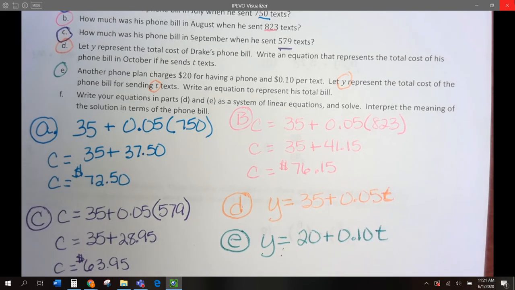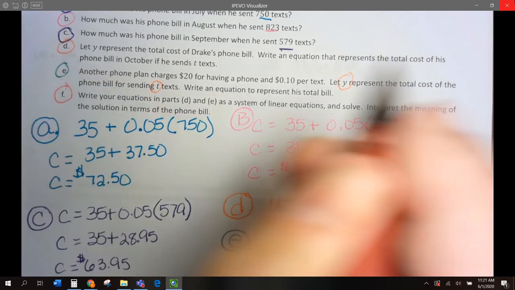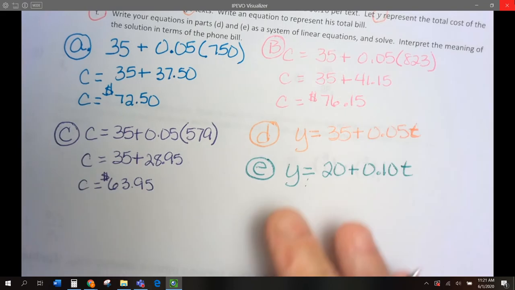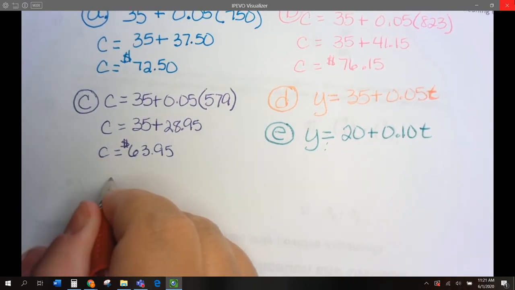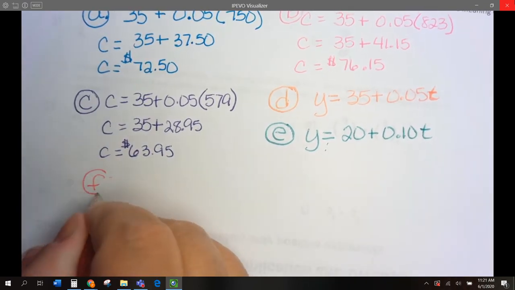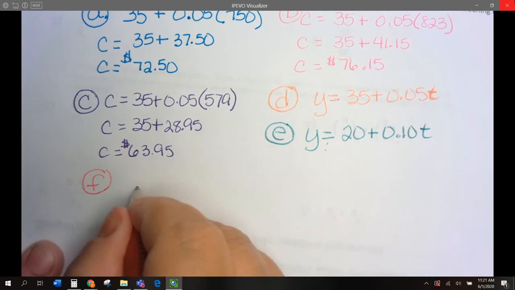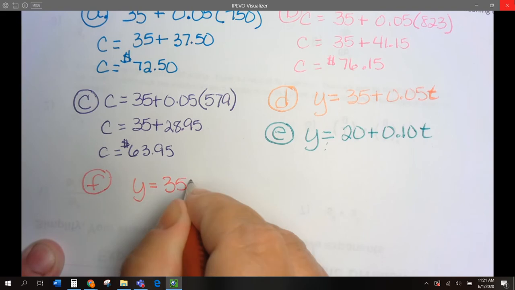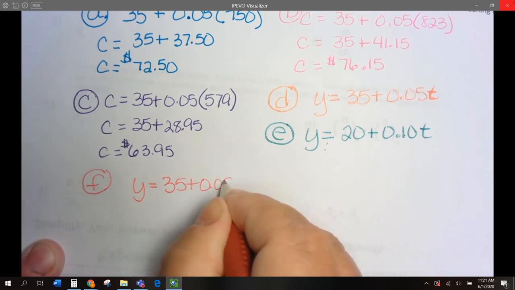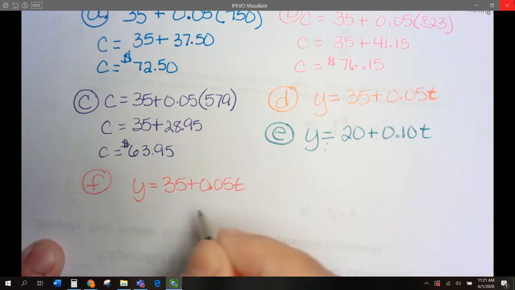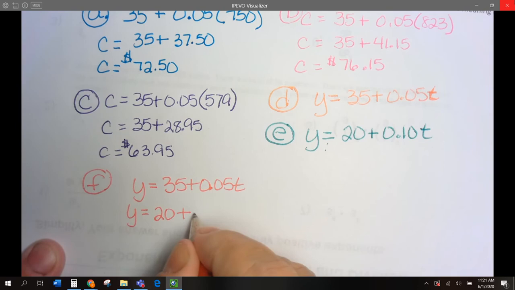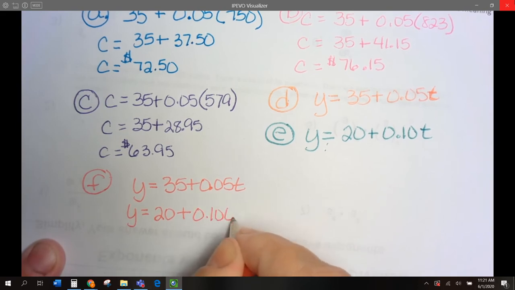So part F, they want us to write a system of equations and solve it. So let's come down to F here. Our system of equations: y equals 35 plus 0.05t, and y equals 20 plus 0.10t.